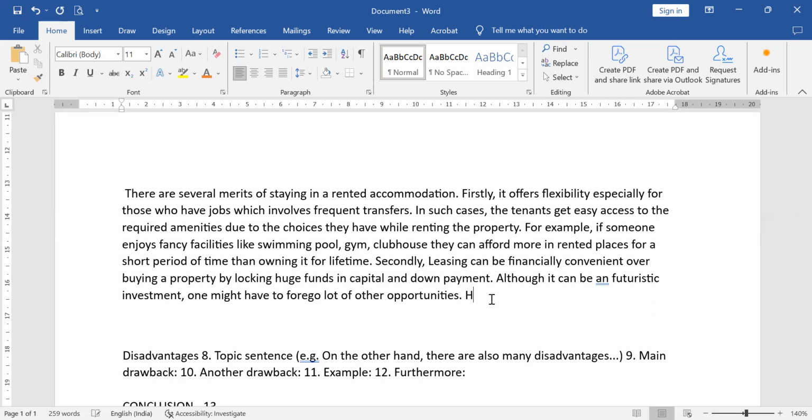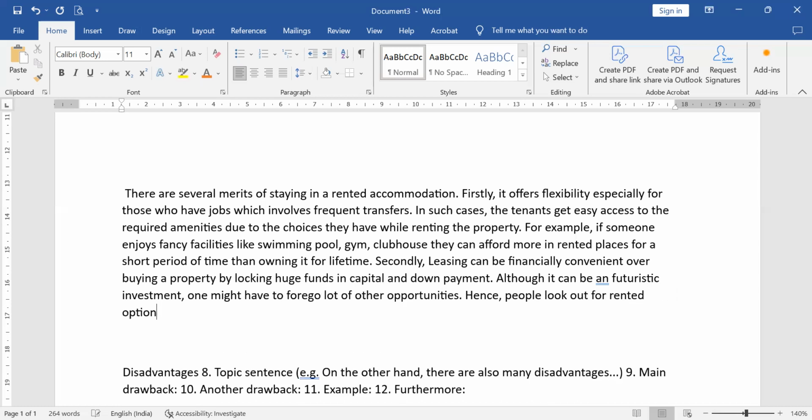You can say, hence, people look out for rented options than finding themselves burdened by such investment. That's it, I'm just closing it.